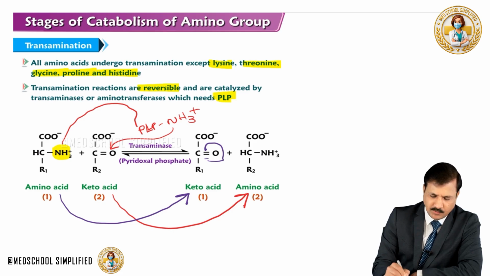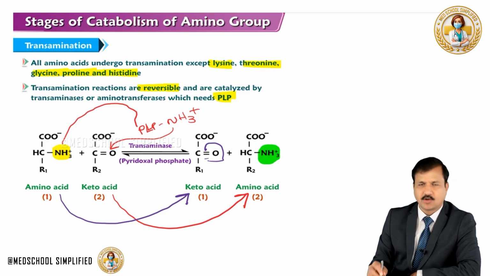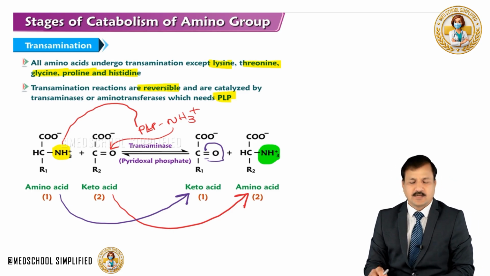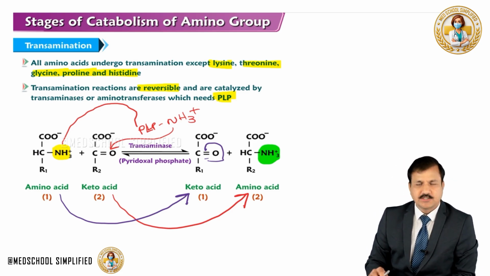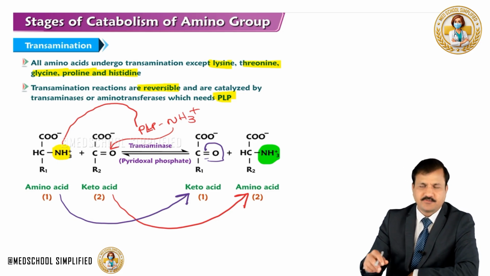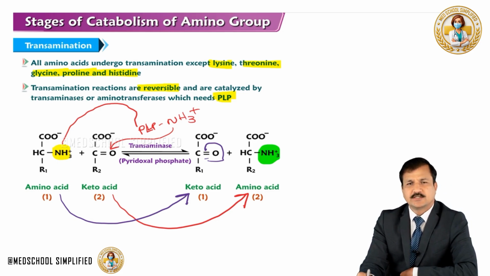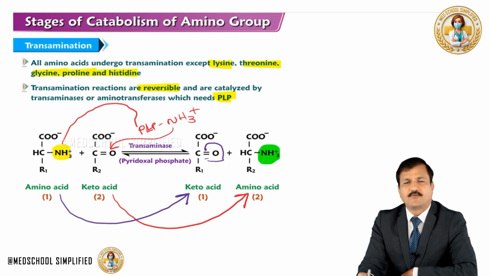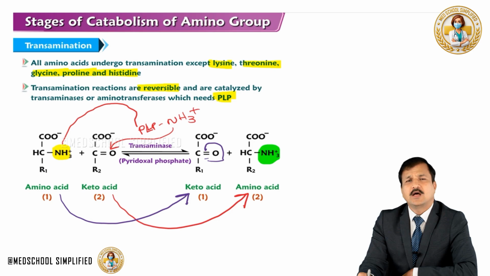Now the new amino group is present here in the new amino acid. I am going to highlight that with the green color. So this is how an amino group is transferred from an original amino acid to an acceptor alpha keto acid mediated by pyridoxal phosphate. Thereby, an alpha keto acid will be converted to a new amino acid, while your original amino acid will be converted to an alpha keto acid.